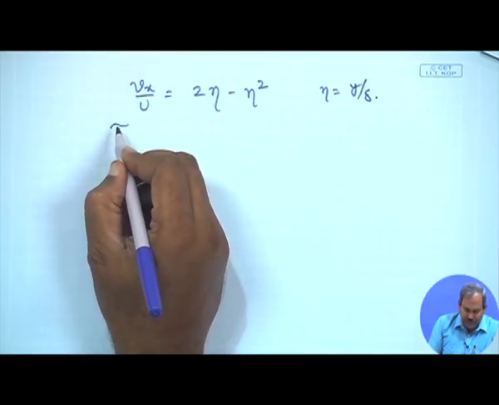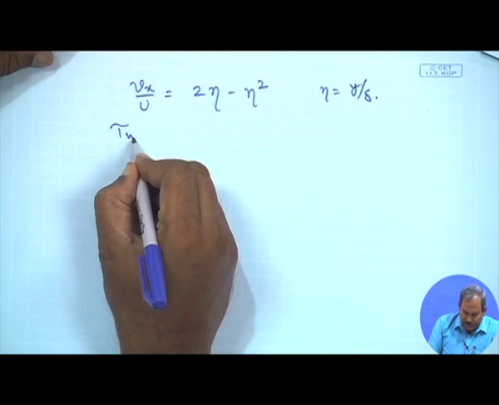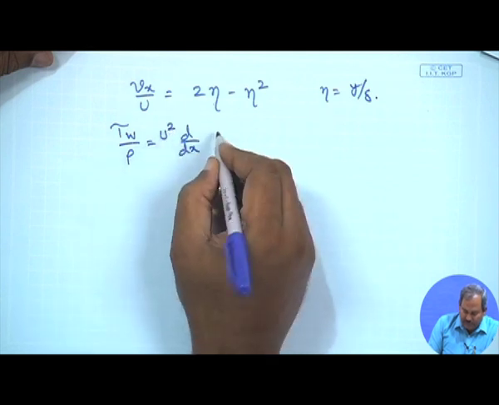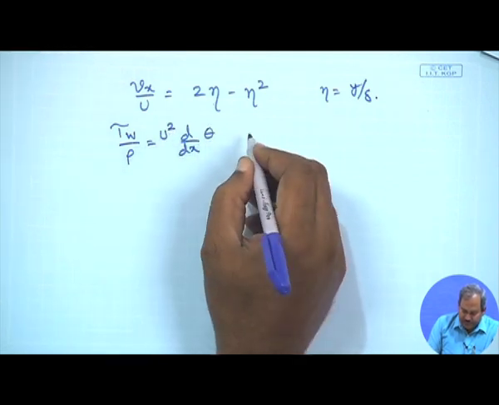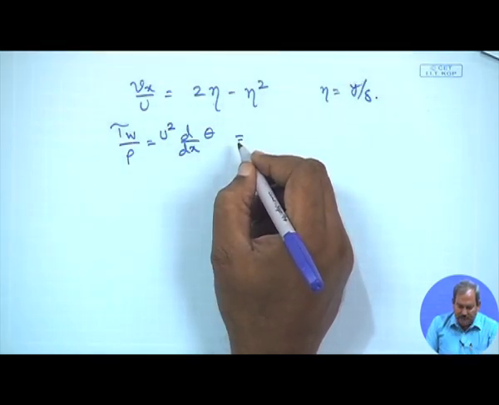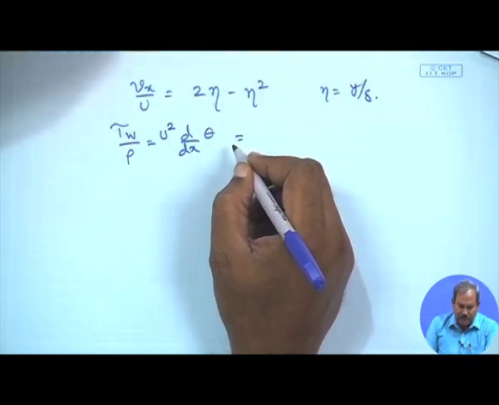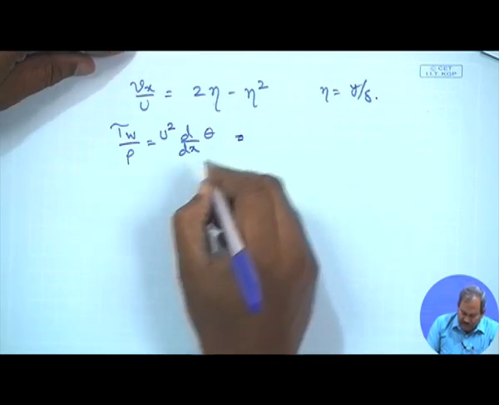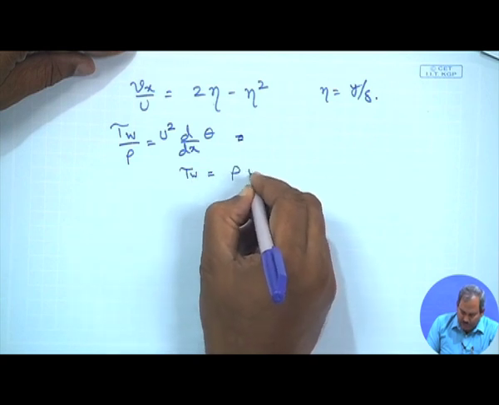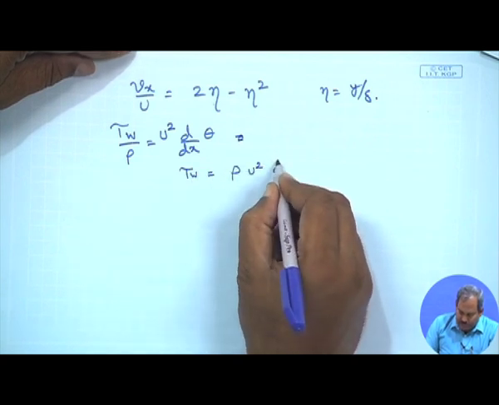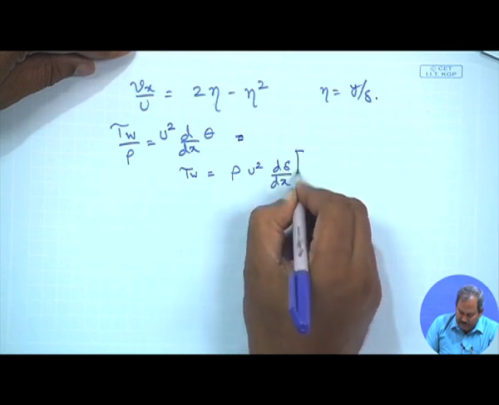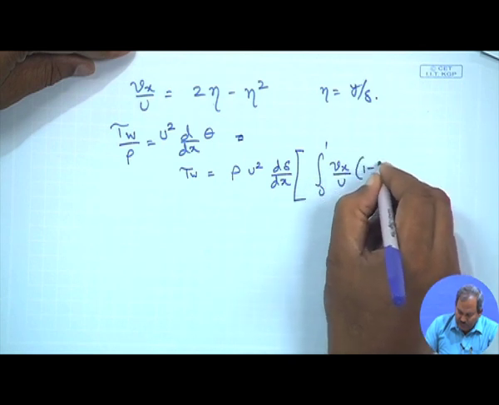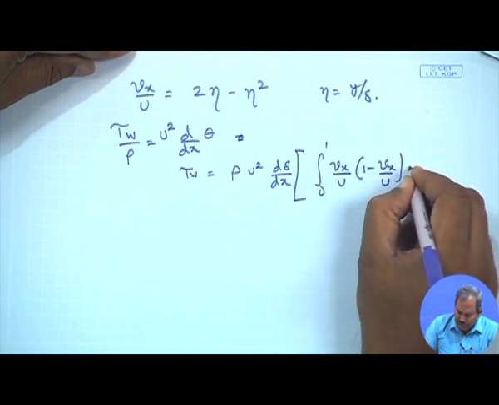My equation for the flow of a zero pressure gradient flow was tau w by rho equal to d dx of u square times theta, which, when I express it in terms of dimensionless quantities, gives tau w equal to rho u square d delta dx, integral from 0 to 1 of Vx by u times 1 minus Vx by u, d eta.